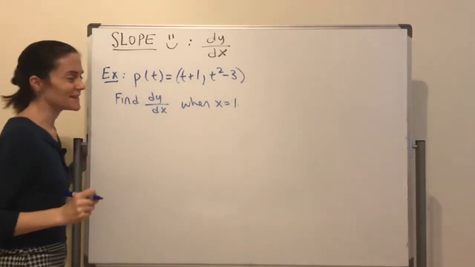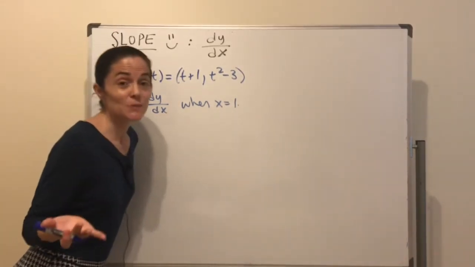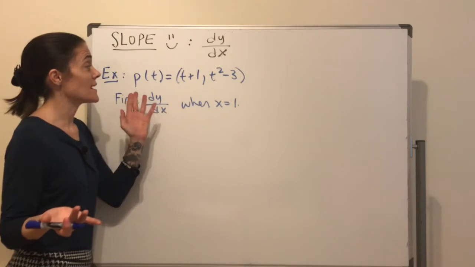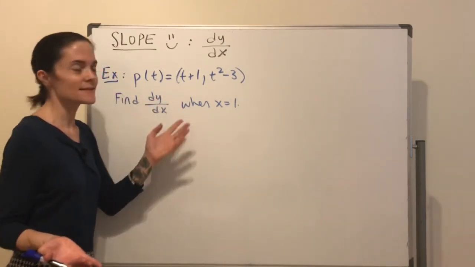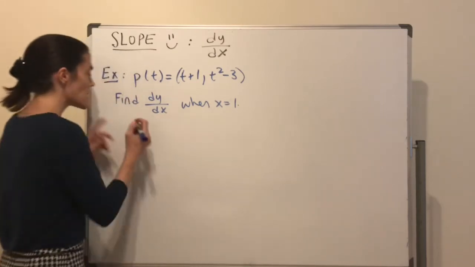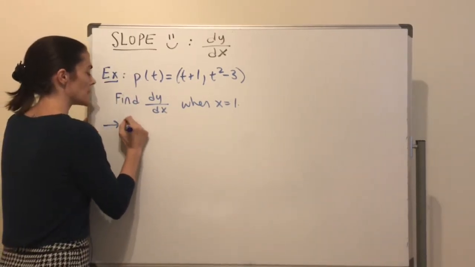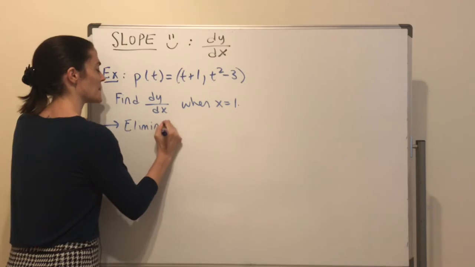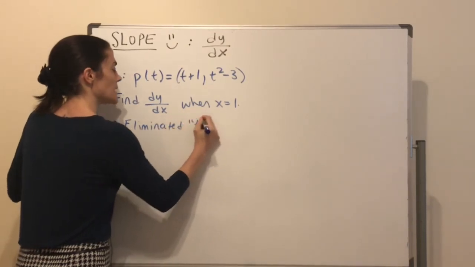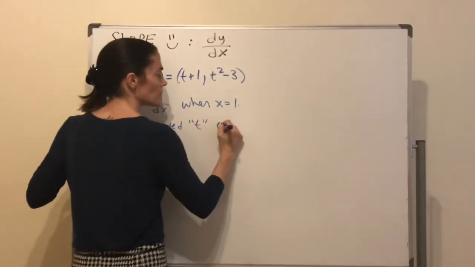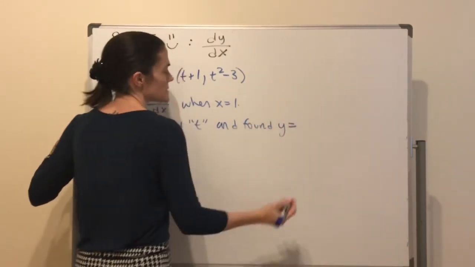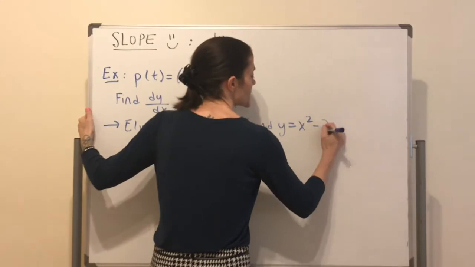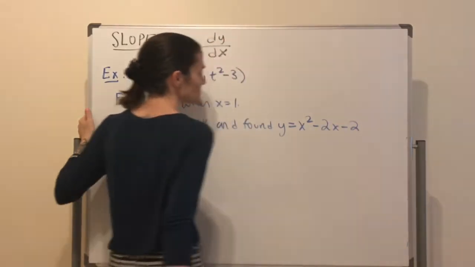For example, okay, you see this one, I don't need anything fancy. In fact, I don't even need to think about it as a parameterized curve, because what did we do? We eliminated the t and found that y was x squared minus 2x minus 2.